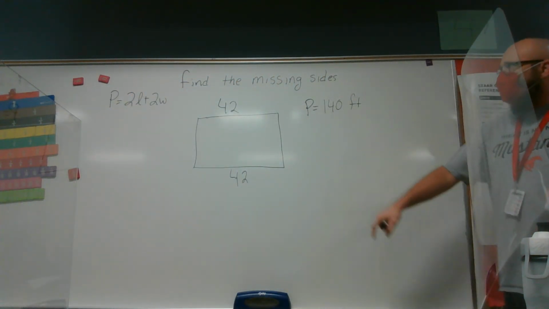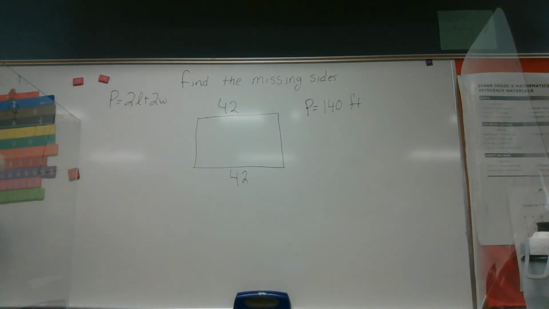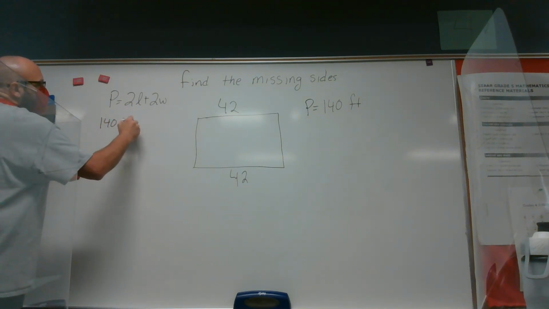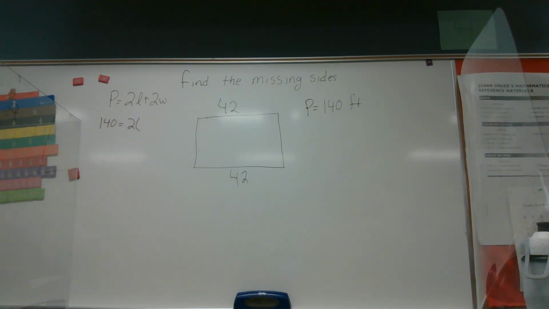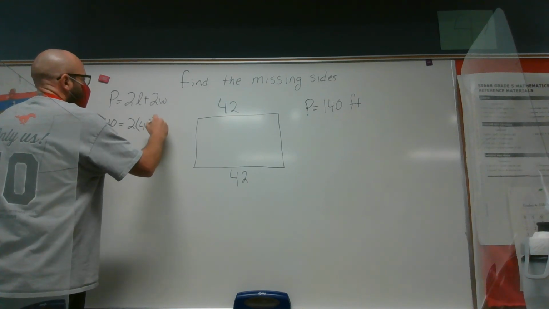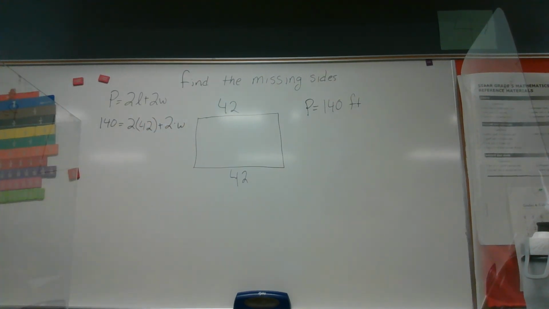But now we're going to go over here to our formula. We know what our P is. So we have 140 equals 2 times, we know what our length is, 2 times 42 plus 2 times W. We don't know what W is, but they've given us our P and they've given us our L.